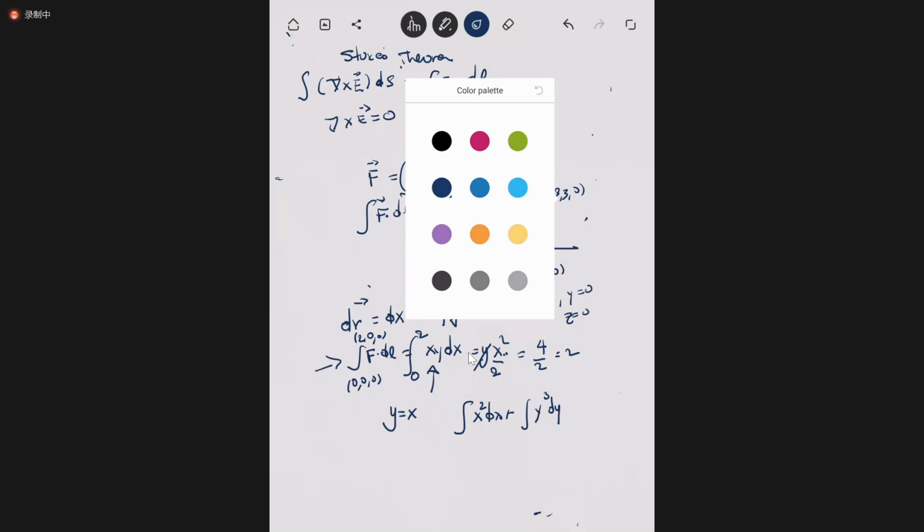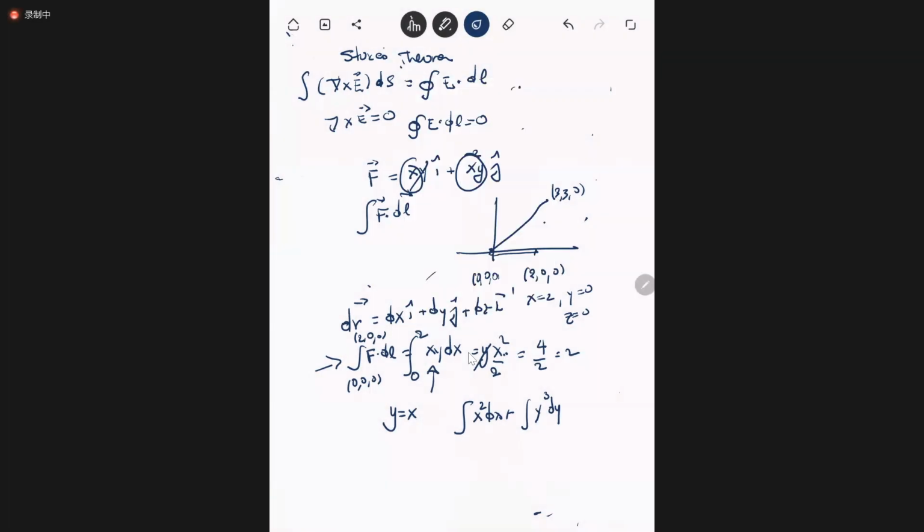Now, if someone asks you to prove that this field F is a conservative field, what do you want to do? If someone asks you if this is a conservative field, how are you going to respond? If this is easy to find, you do it this way.